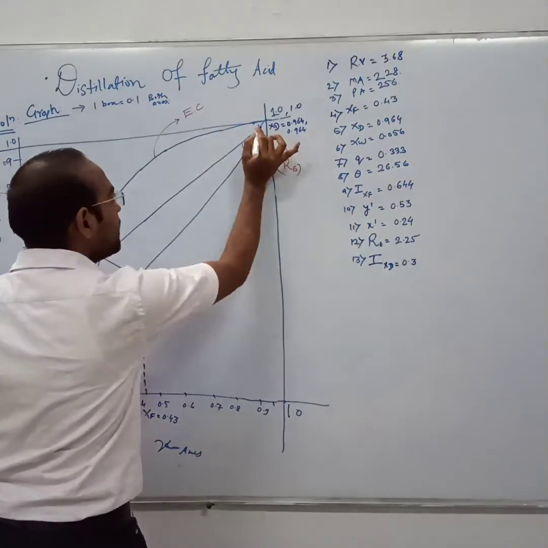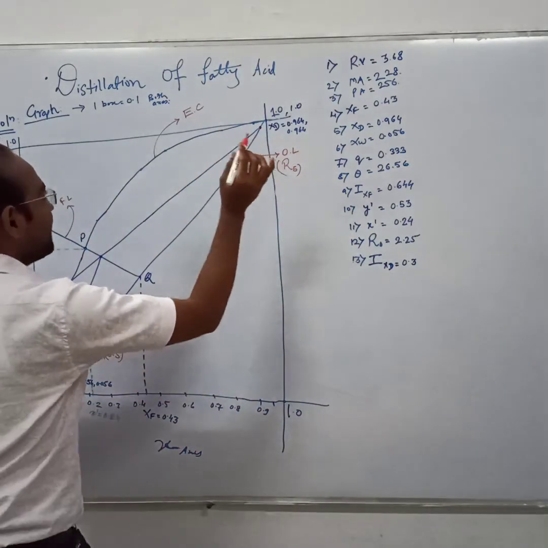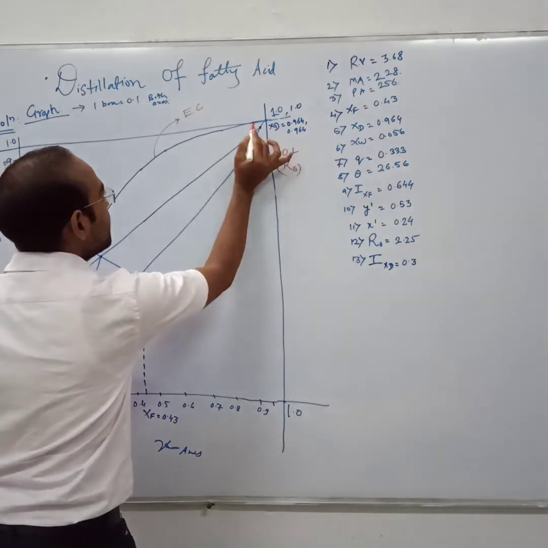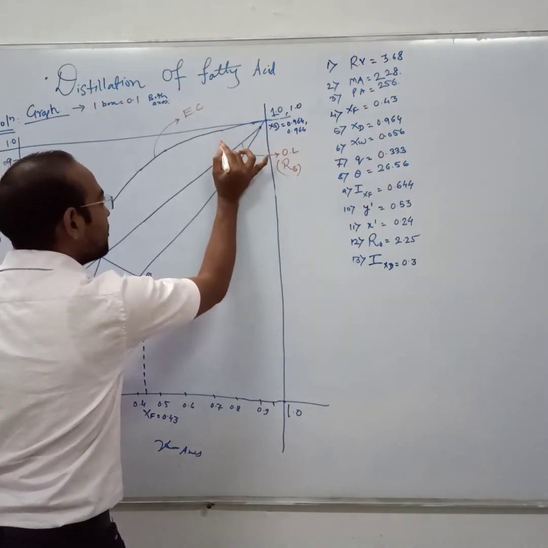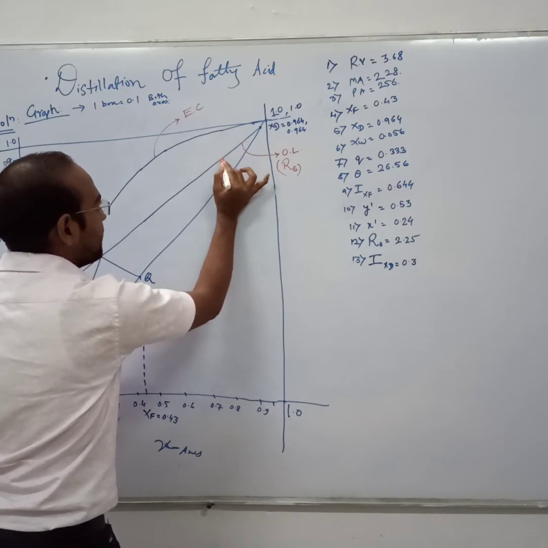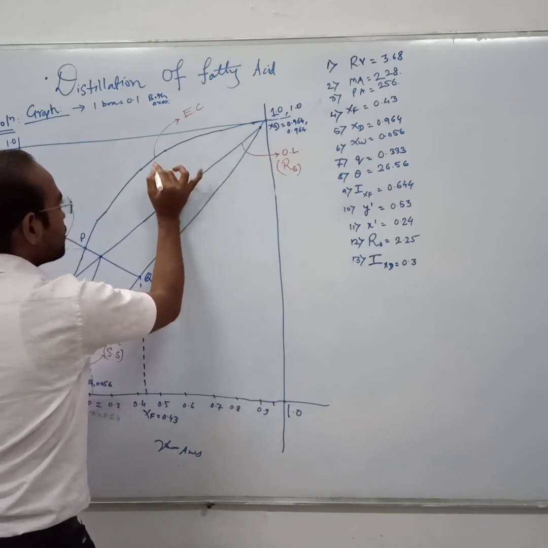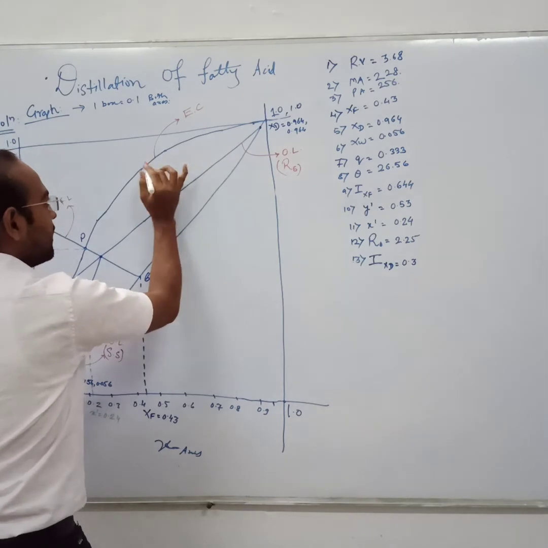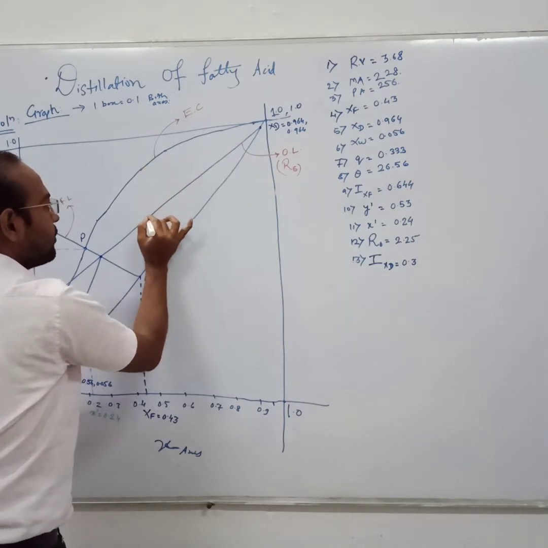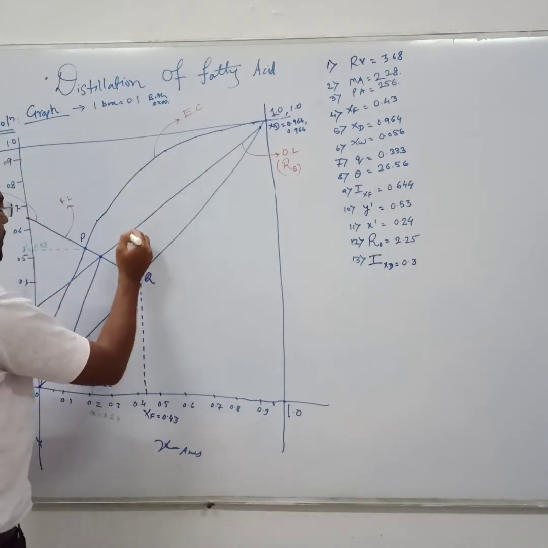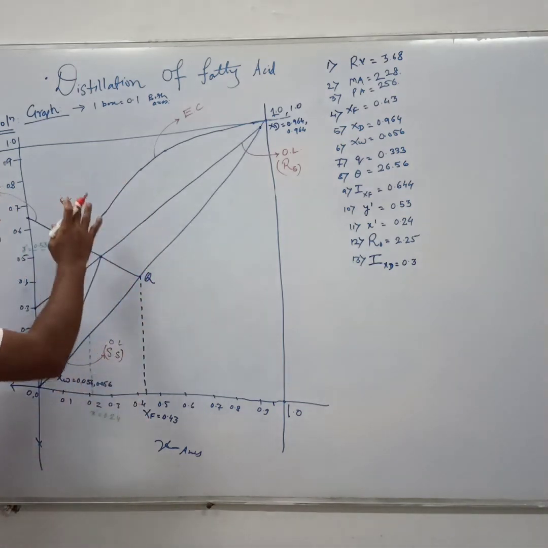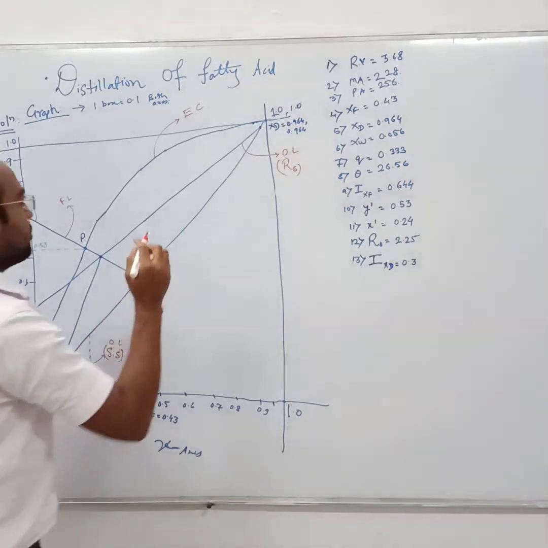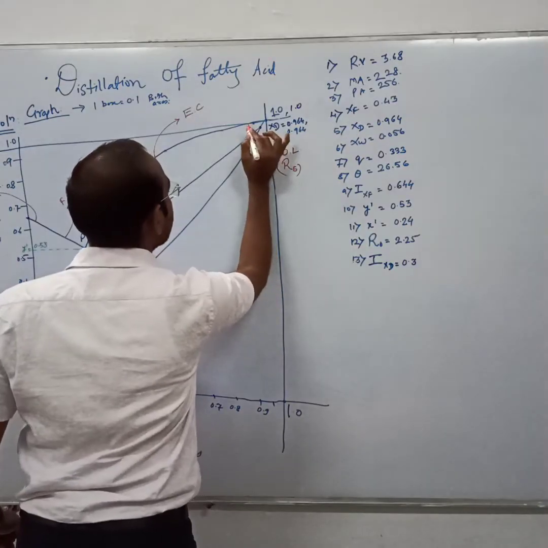Starting from point XD, you just need to draw a straight horizontal line towards the equilibrium curve and drop down a perpendicular vertical line on this operating line. Again you draw a horizontal line from the last point to the equilibrium curve, and again drop a straight vertical line on the operating line of the rectification section. In this way we go one by one and find the plates.